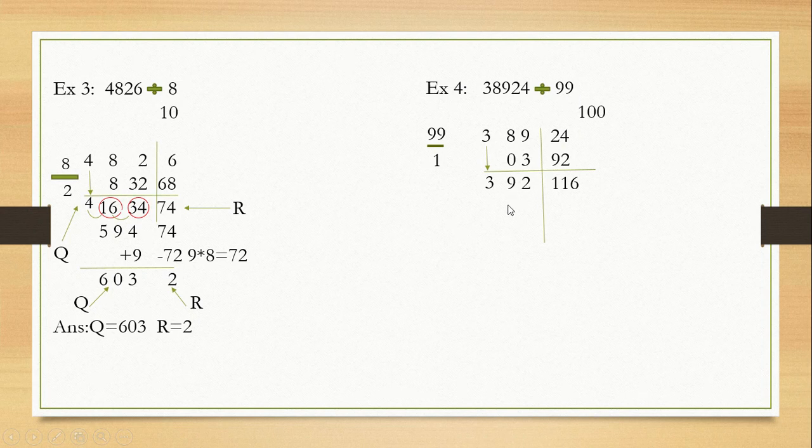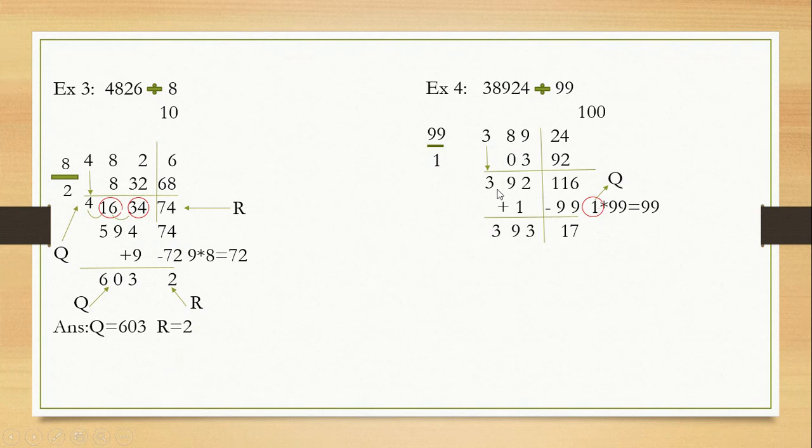So our quotient is 392. See here, 116 is greater than 99. So we should divide that one with 99. How many times will it go? 1. 1 9s are 99. So if we subtract 99 from 116, we will get 17. So here 1 is also a quotient.